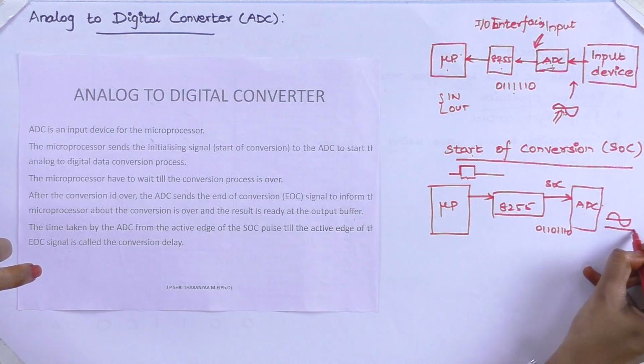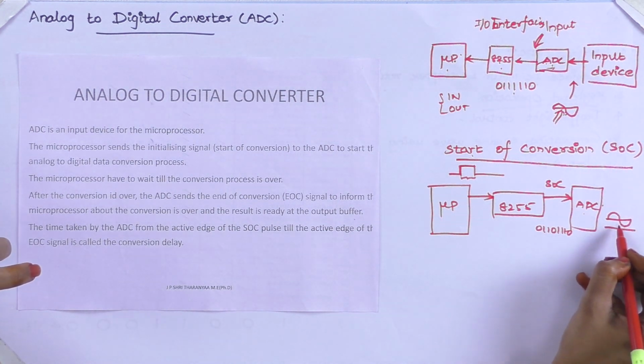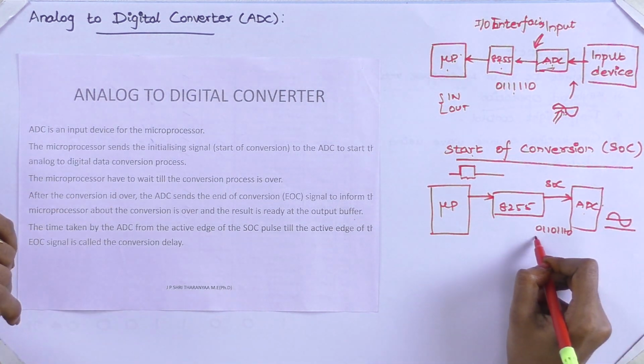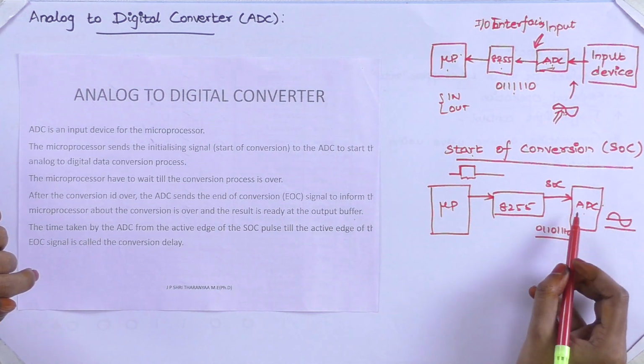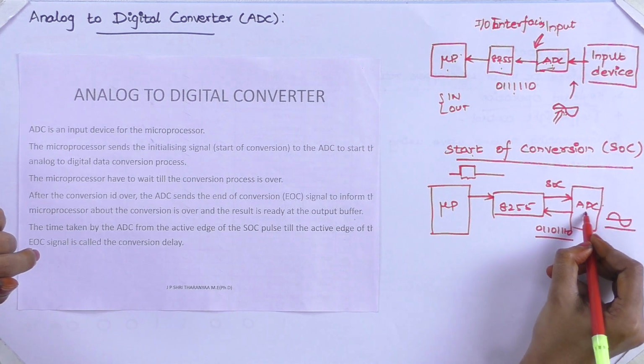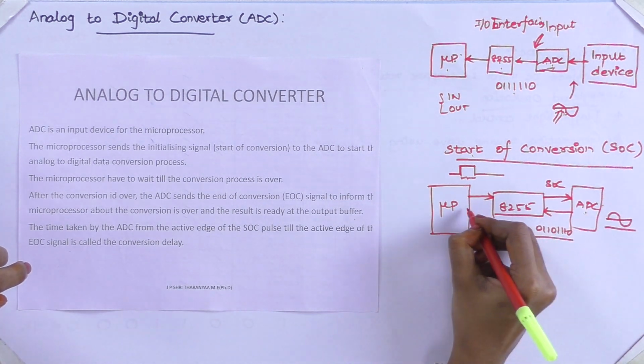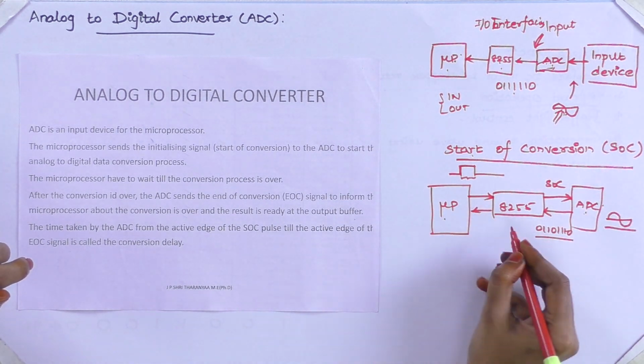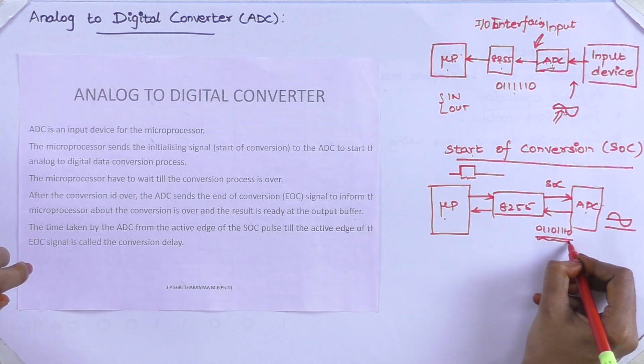Once this conversion is over, once this analog signal is completely converted into a digital signal, the analog to digital converter will issue a signal to the processor to indicate the end of this conversion.